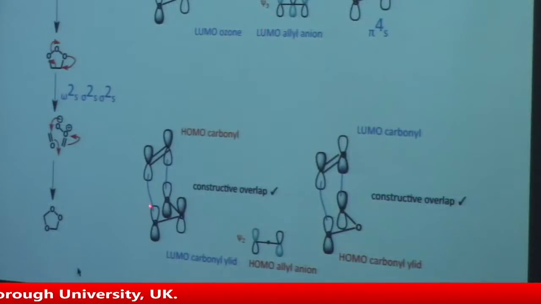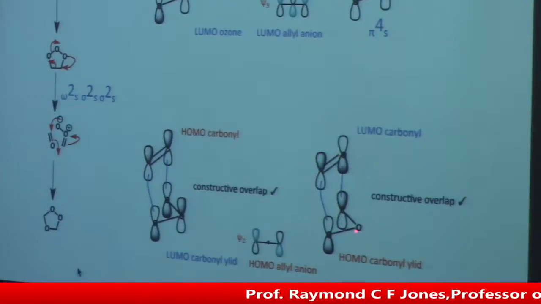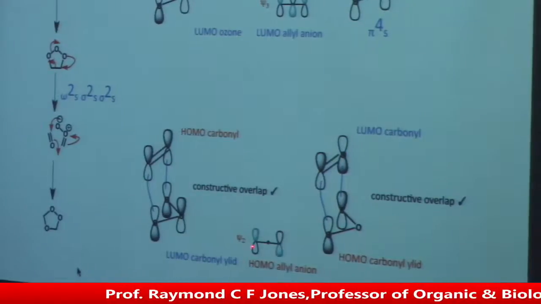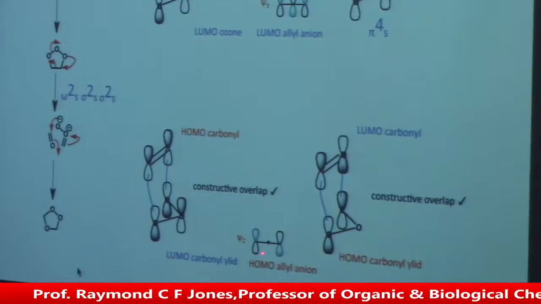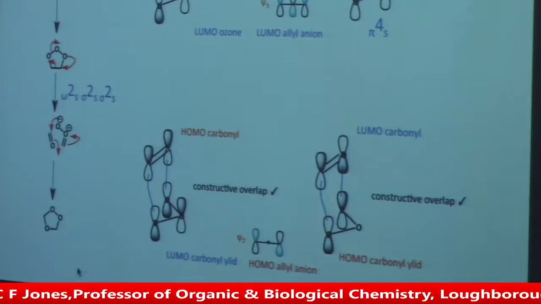So that comes down to here again. You can do it the other way round. If you take the LUMO of the carbonyl, which is pi star, and the HOMO of the carbonyl ylide, which would be like the HOMO of the allyl anion, then again you can set it up to get constructive overlap.